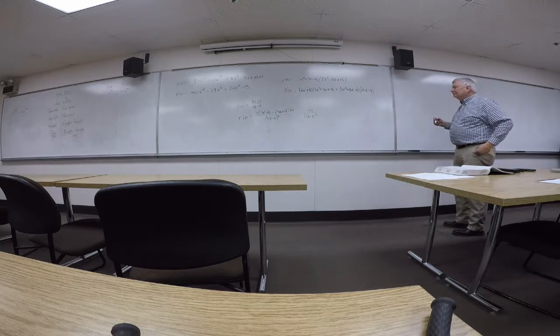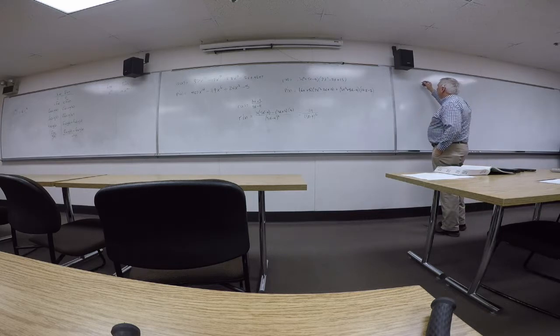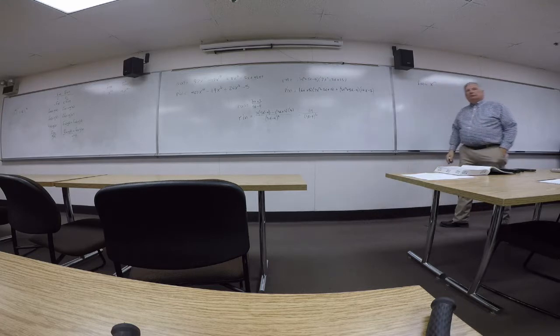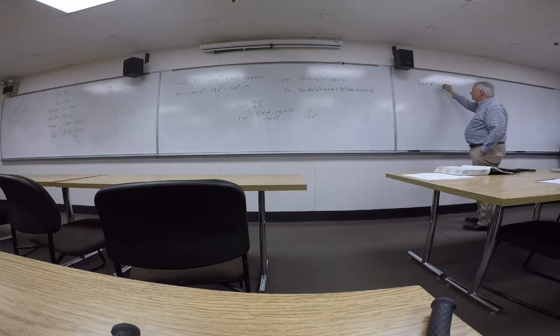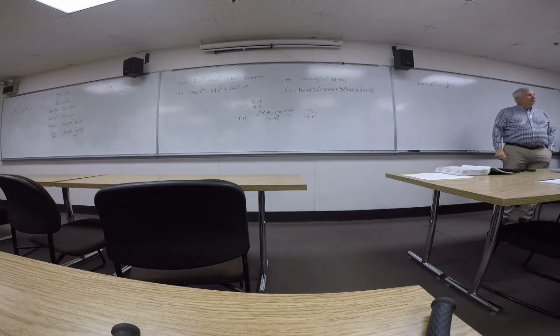What if we have f of x equals x to the minus n? We really have this covered because this can be written as 1 over x to the n. And then it's a quotient.